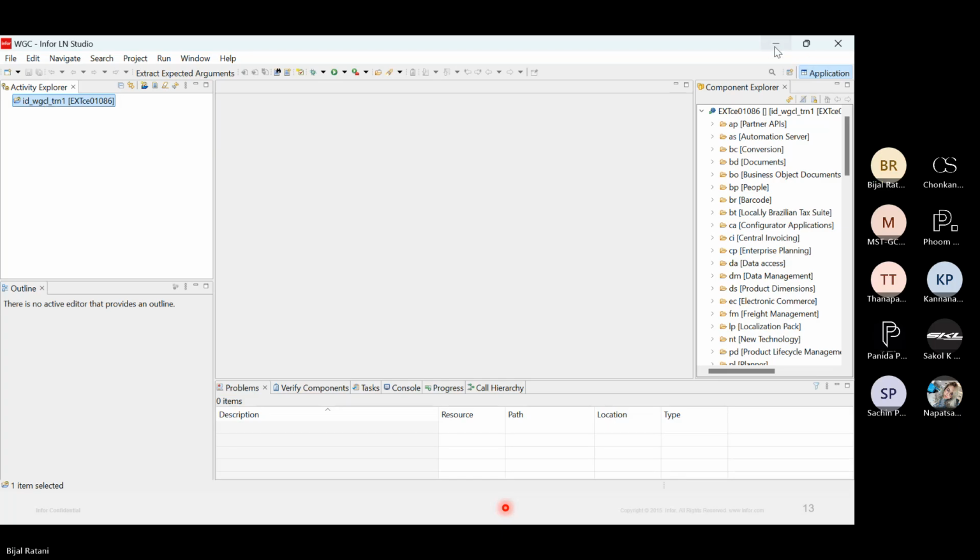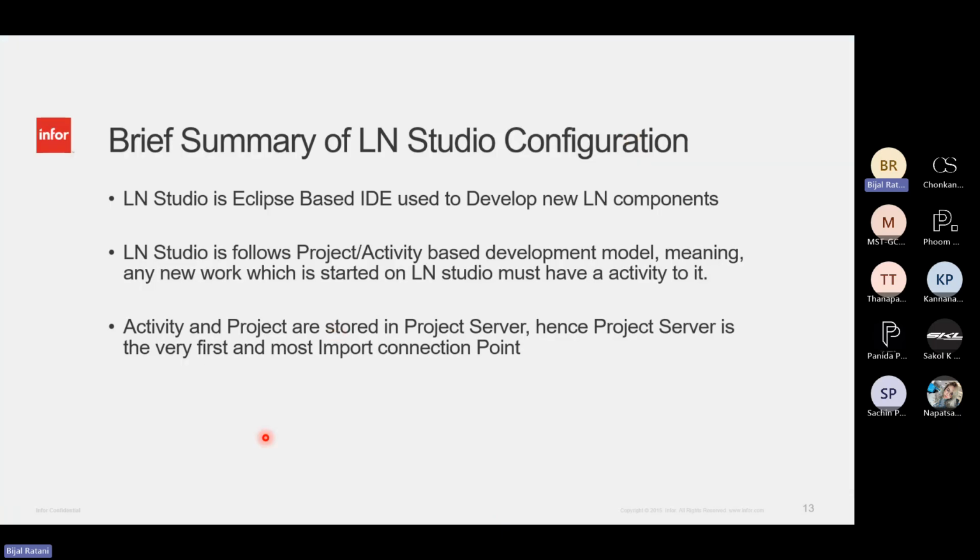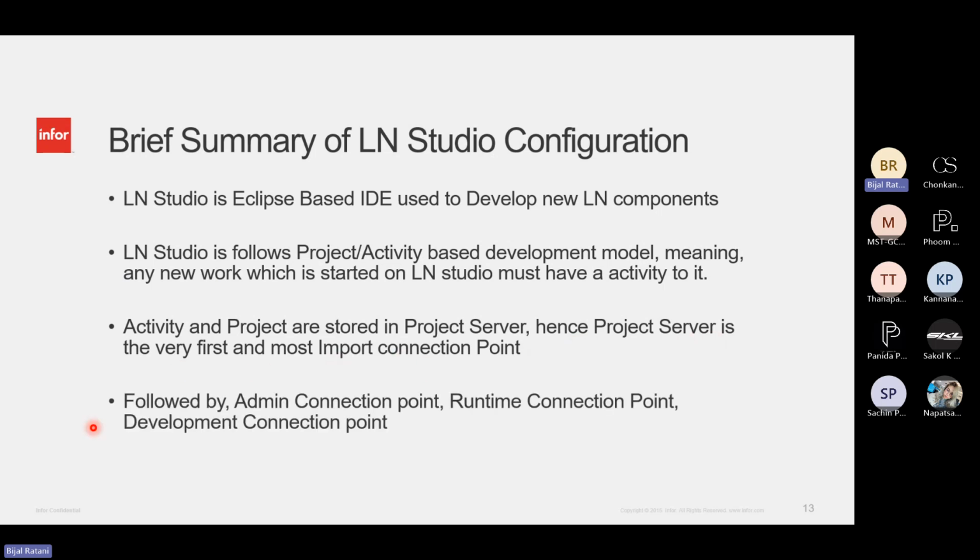I will also show you different perspectives in just a moment, where we can access the project server and how to see that. Hence the project server is a very important step in the connection point, which is followed by the admin connection point, runtime connection point, and development connection point. So the project connection point is the first step.